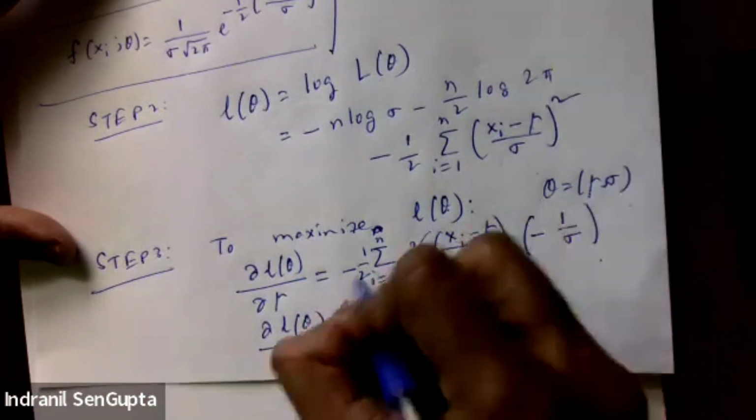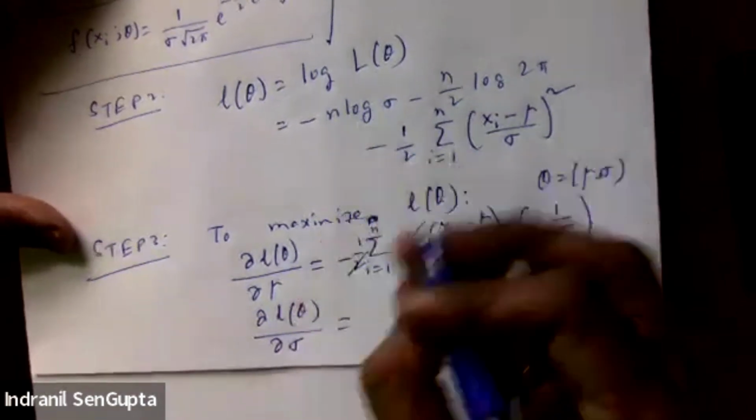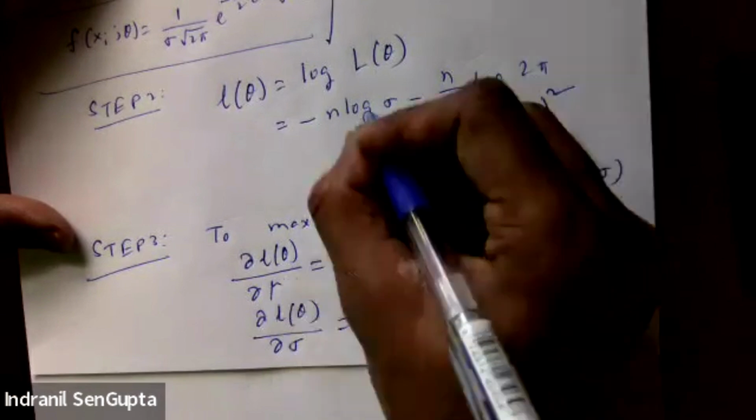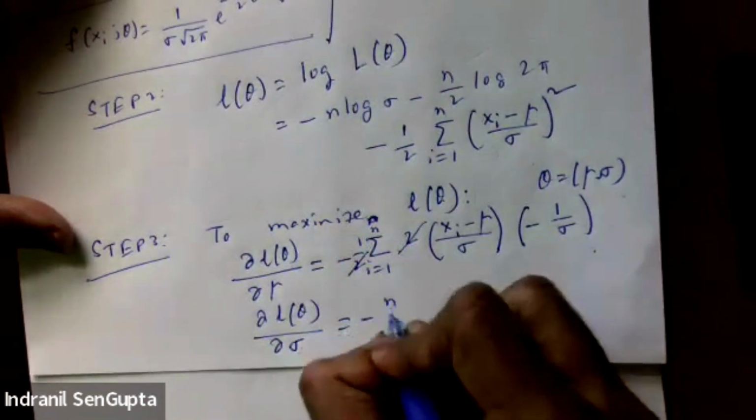So this cancels. And when I differentiate with respect to sigma, the first term, log of sigma, gives 1 over sigma, so it's minus n over sigma.